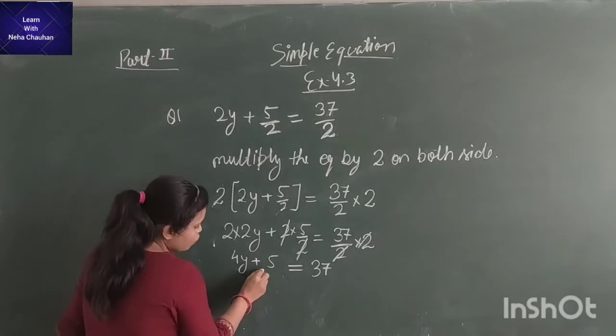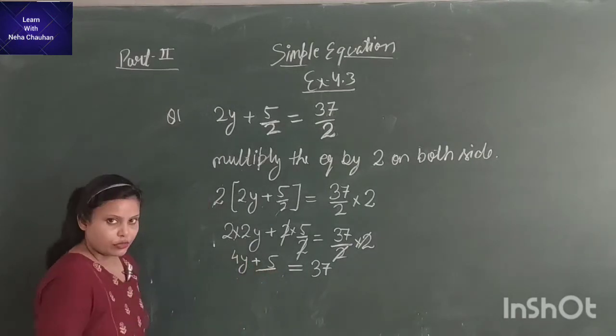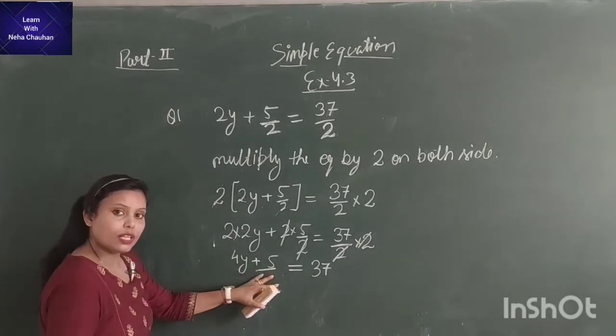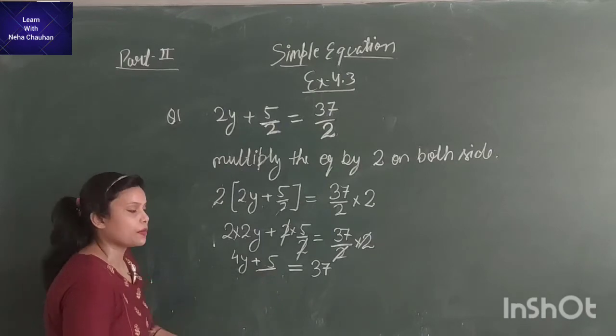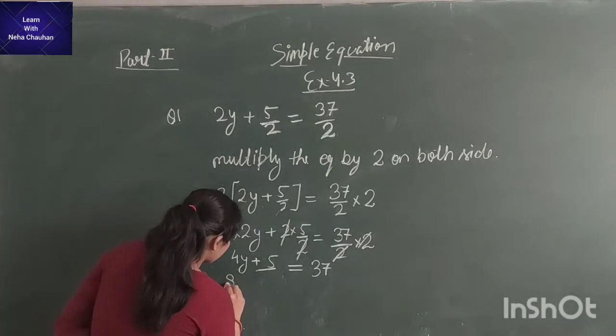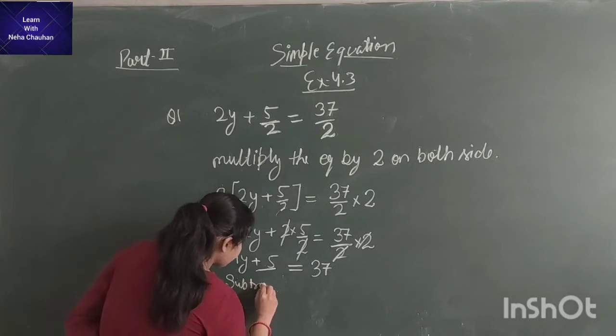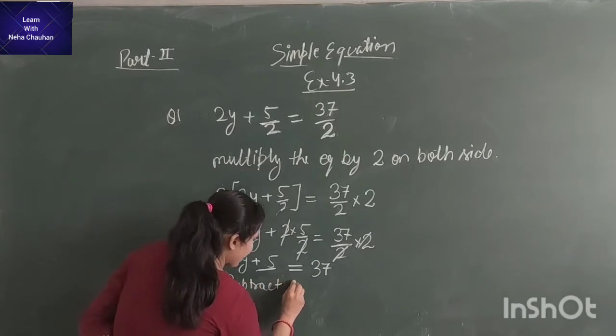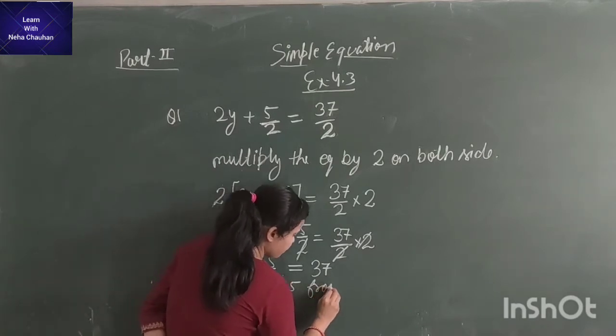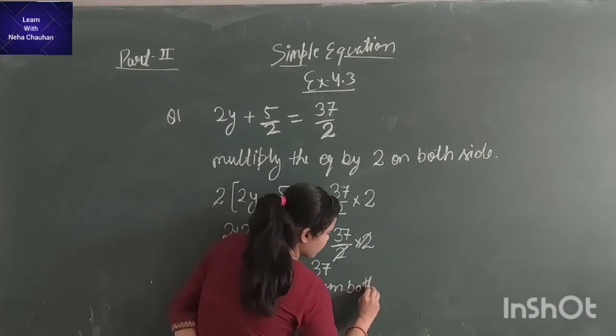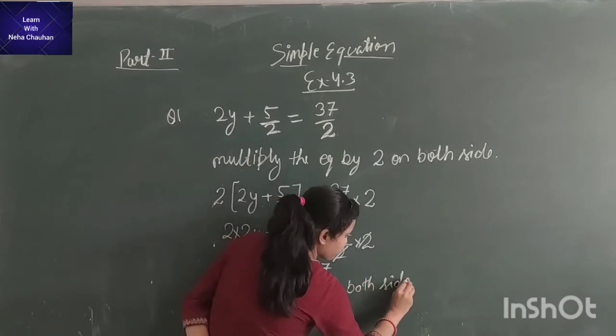Now this 5 is in addition. So how will we eliminate this? By subtracting. So the second step will be to subtract 5 from both sides.